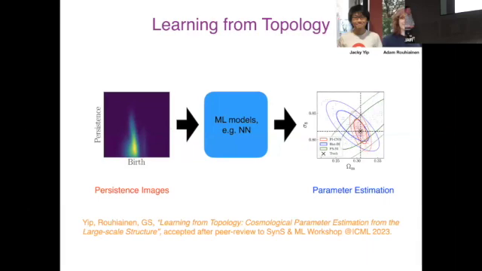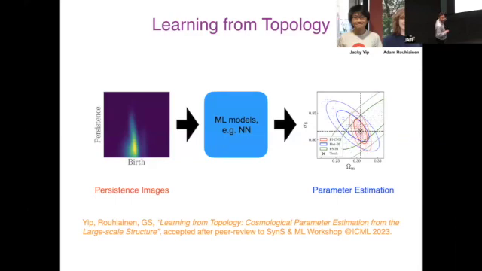So we have gone a little bit better from human intelligence to artificial intelligence. We were interested in the question of whether we can train a machine learning model on these persistent images to tell apart different cosmologies. So the idea is the input would be persistent images.